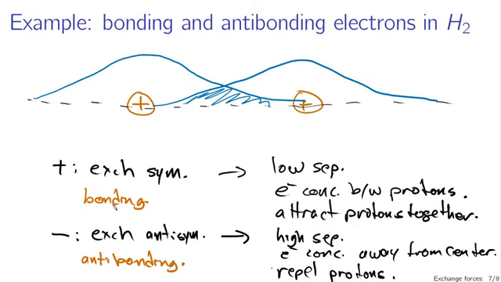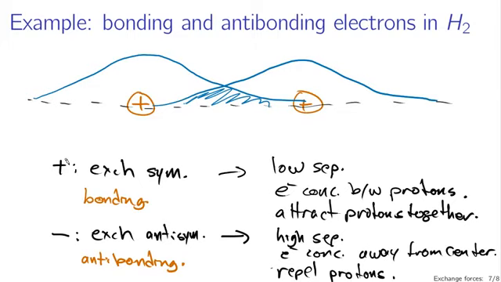So the combination of these orbitals with the plus sign is a bonding orbital, with the minus sign is an antibonding orbital. And it turns out that in order to have H2 exist as a molecule, you need to have a bonding electron orbital. If you have the bonding case, you need to have the plus sign in the exchange symmetry for the spatial part of the wave function.